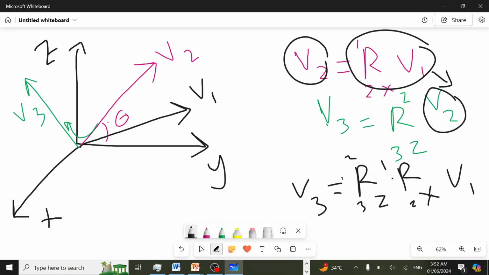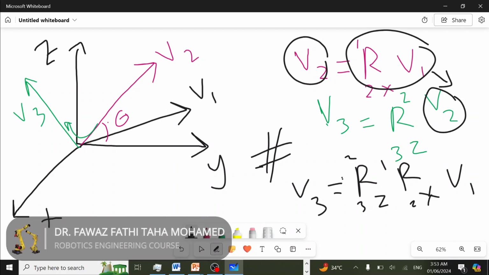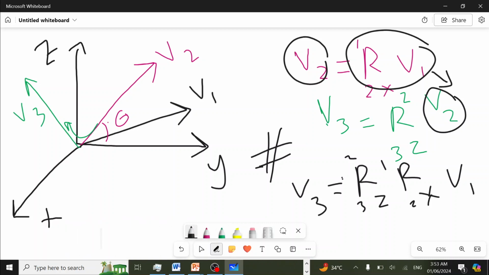Any new rotation will be pre-multiplied with the previous multiplication. Now we have finished the proof for the two formulas, for pre-multiplication and post multiplication, okay.